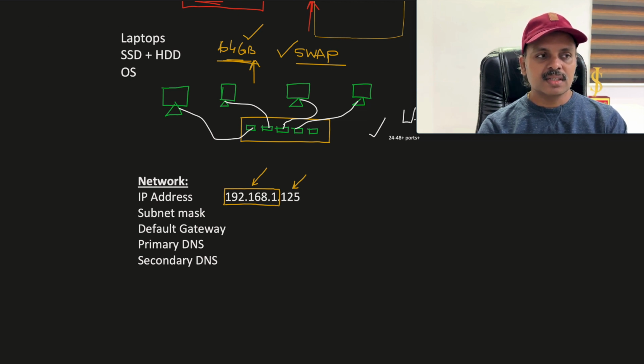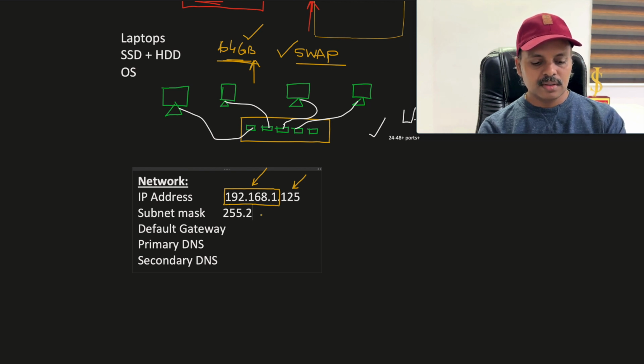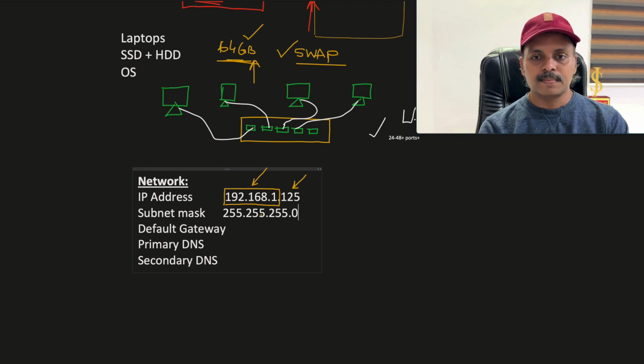So if this is the case, then your subnet mask could be something like 255.255.255.0, usually.